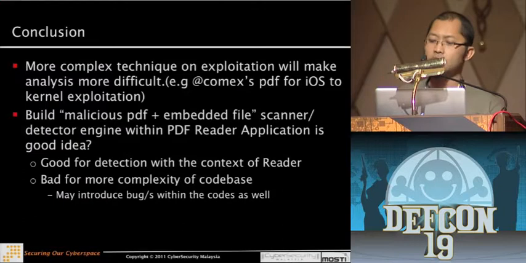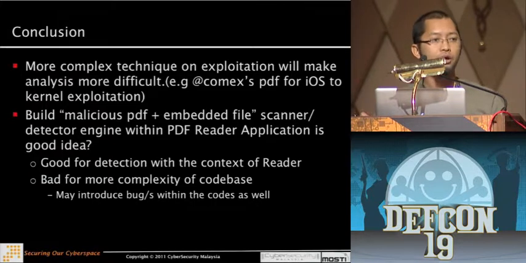More complex exploitation techniques will make analysis more difficult, I think. For example, the Comex PDF on iOS leads to kernel exploitation. Of course, there is a kernel bug as well, right? And building a malicious PDF scanner or detector engine within the reader application itself is a good idea, because it has the context within the PDF reader.